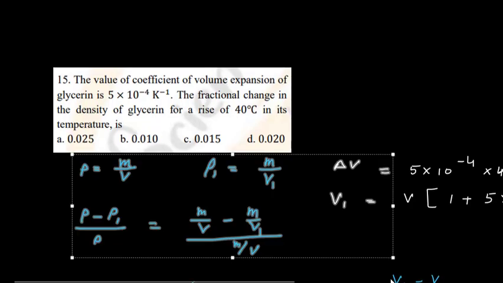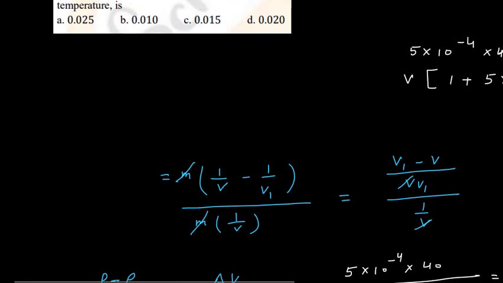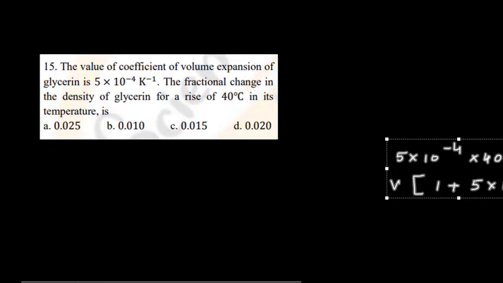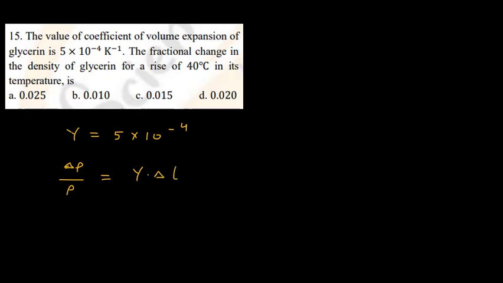So here for glycerin, gamma is given. Gamma is 5 into 10 power minus 4. We know the formula that change in density, delta rho upon original density, is equal to gamma into delta T. So this is equal to 5 into 10 power minus 4 into the change in temperature, which is 40.